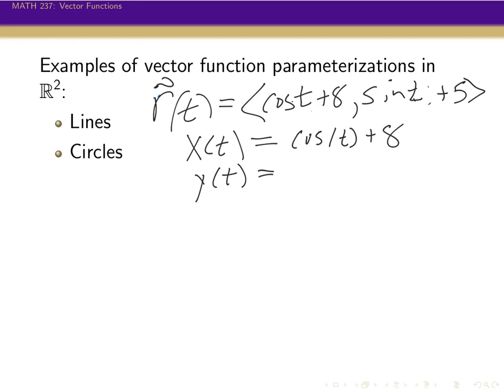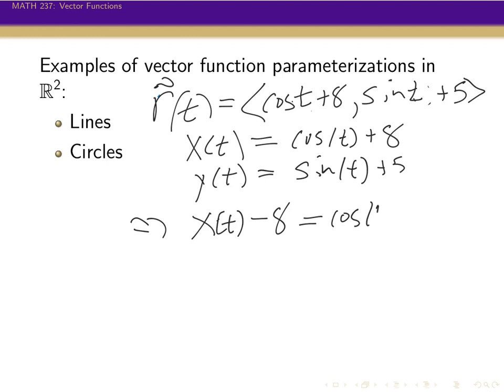My y-coordinate is always going to be sine of t plus 5. If I move the plus 8 and the plus 5 to the other side, I have x of t minus 8 is equal to cosine of t, and y of t minus 5 is equal to sine of t.